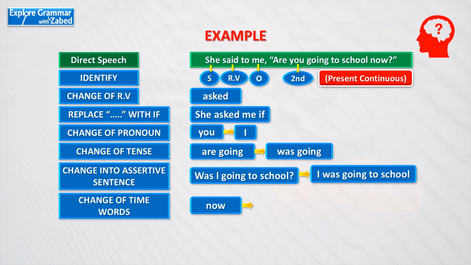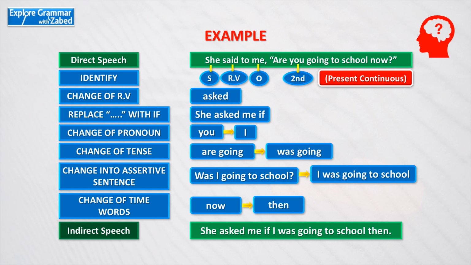Here, now will be converted to then. And the final step is to put a full stop instead of the question mark or the sign of interrogation. After implementing all the steps, the indirect speech looks like she asked me if I was going to school then. I hope you have understood all the 8 steps formula.